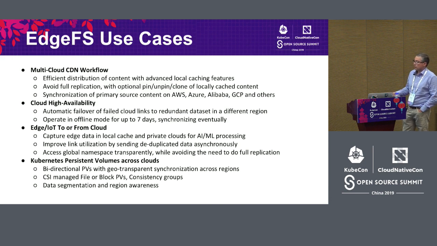It supports CSI for file and block PVs, and obviously consistency groups. Data segmentation and region awareness is also supported. That means if you have, let's say, a large Kubernetes cluster and you want the most efficient access to the data, our logic will select the closest segment and execute your application on the closest segment.